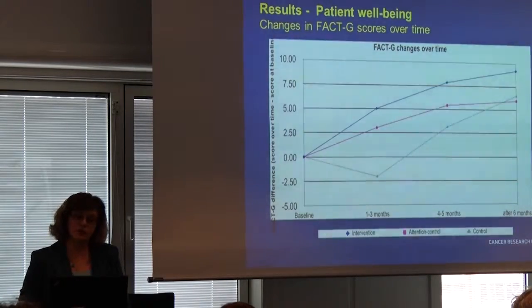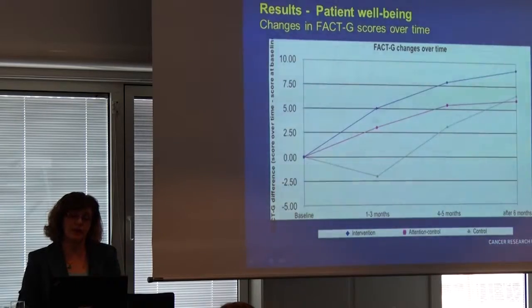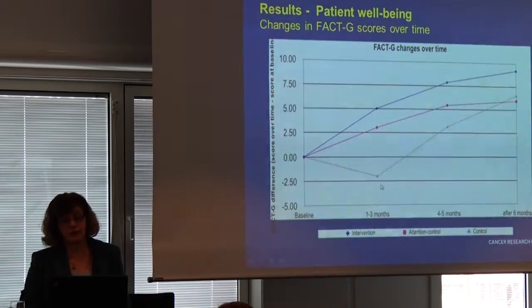And this slide shows changes over time of FACT-G. So it is the change score, not the actual score, and it shows that patients in the intervention group improved over time, particularly at the 3 month measurement, more than the usual care group, which is that one here. And the patients in the attention control group were kind of in the middle, but the biggest difference was here between the intervention and usual care group.